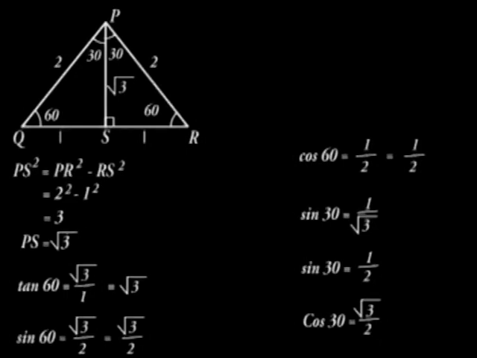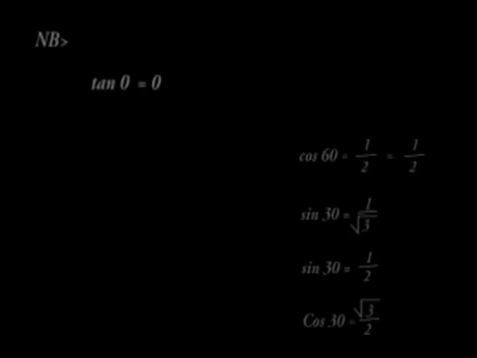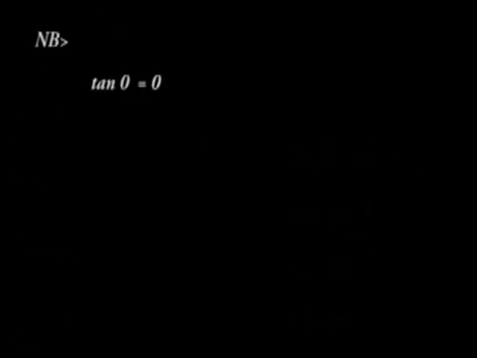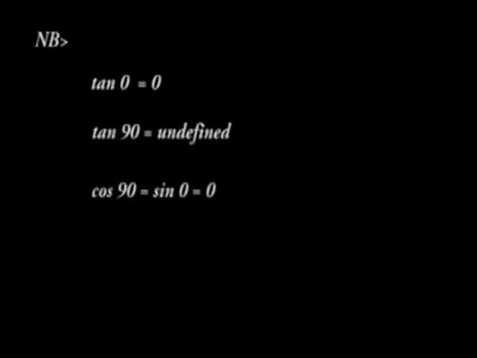Note that tan 0 is equal to 0. Tan 90 is undefined. Cos 90 is equal to sin 0 and is equal to 0. Sin 90 is equal to cos 0 and is equal to 1.